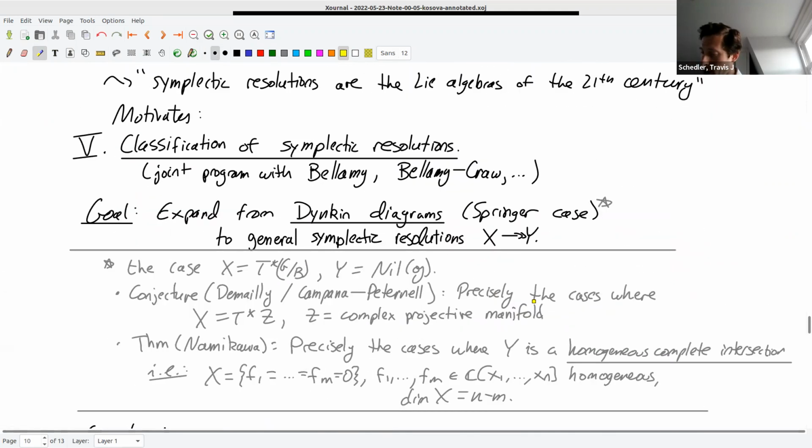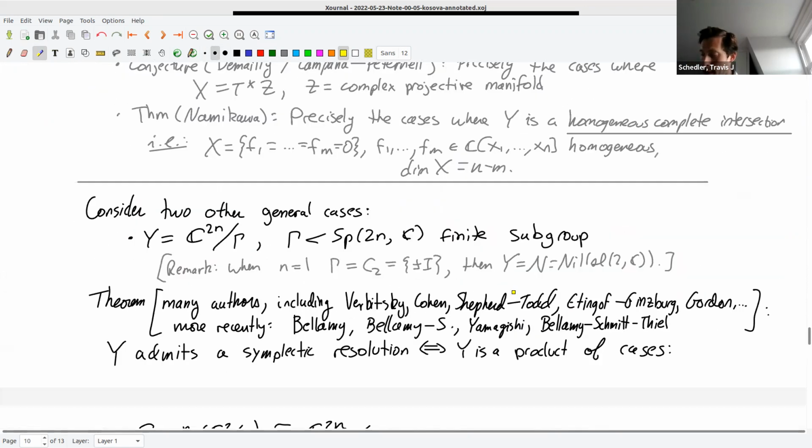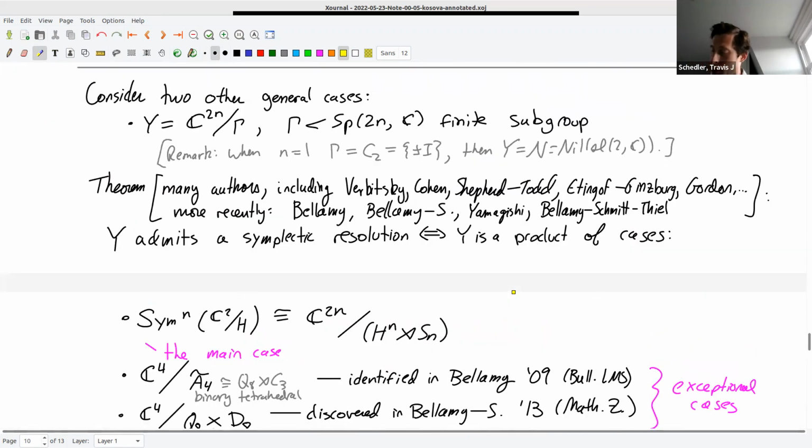So I have two cases where we can give the answer. One of the cases is where, instead of nilpotent matrices, you look at a quotient singularity. You take C^2n, 2n-dimensional space, because we're symplectic, we have to have position and momentum, and take the quotient by a finite group. That means taking the orbits under a finite group.